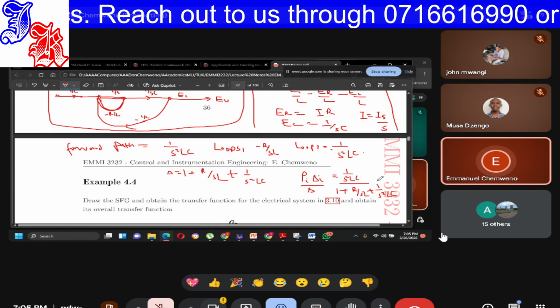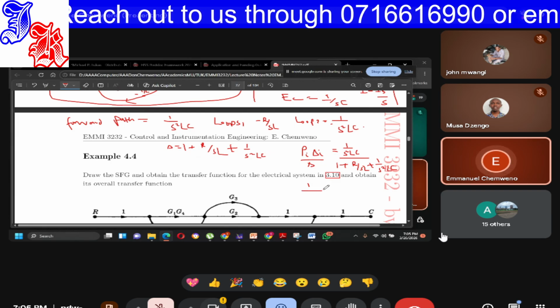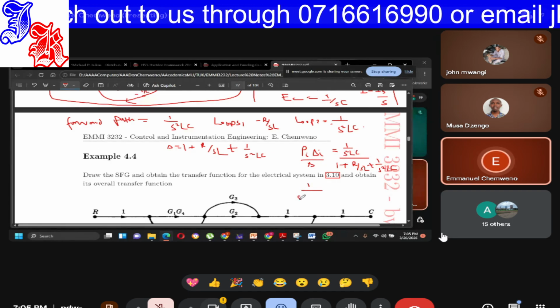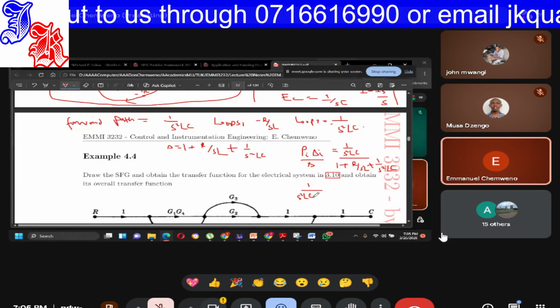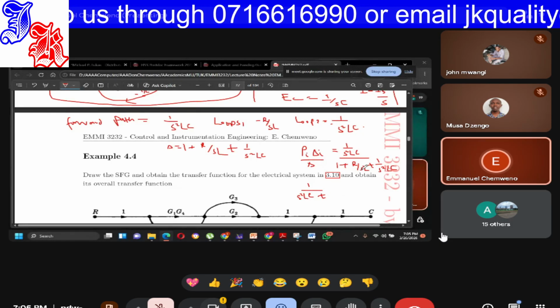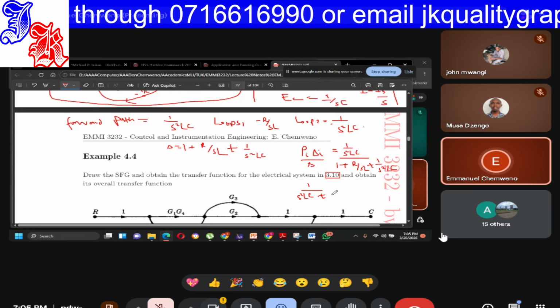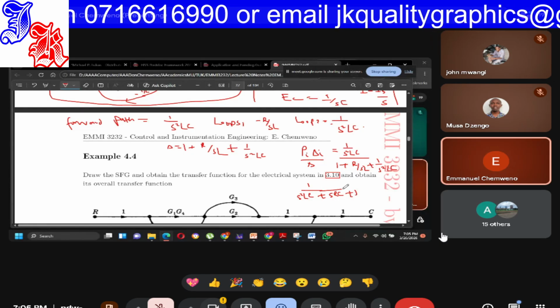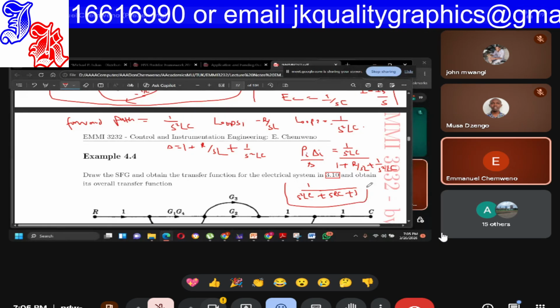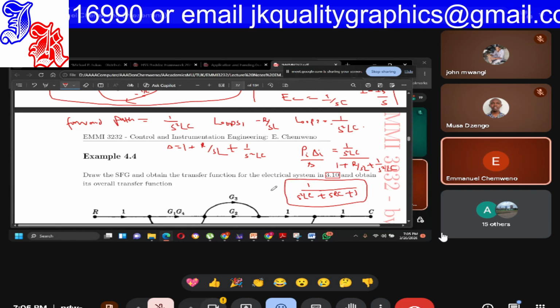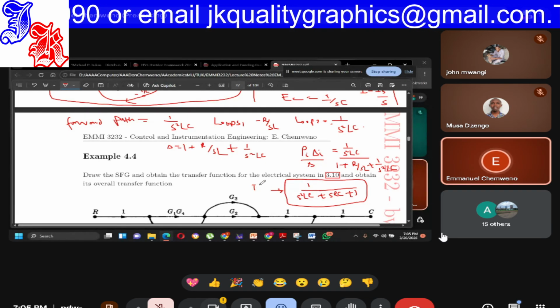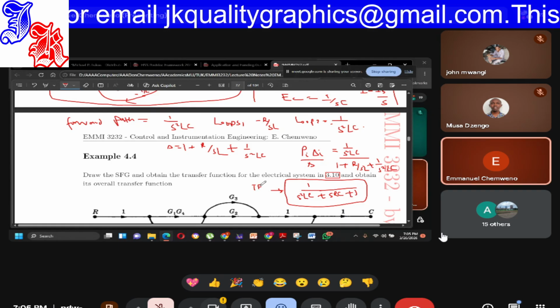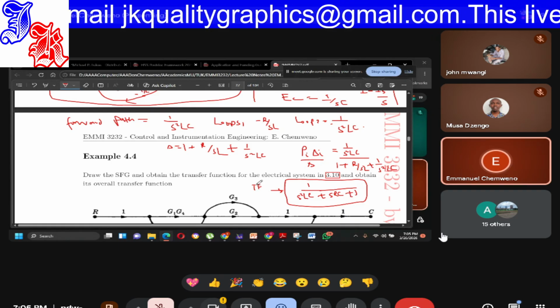Multiplying through by S squared LC, you get 1 over S squared LC plus SRC plus 1. This is the transfer function using Mason's loop gain.